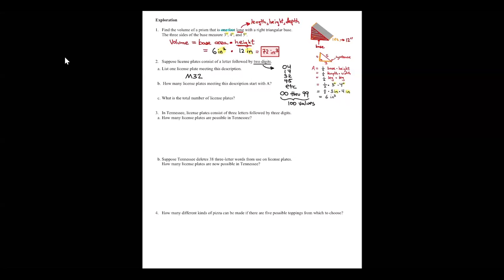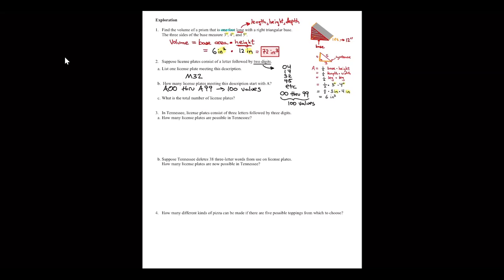So then what I would look at here is, okay, if it's going to start with A, then I could have A00 through A99. That's 100 values. So if I want the total number of possible license plates, accounting for anything from A to Z, I just have to take that and multiply it by 26.